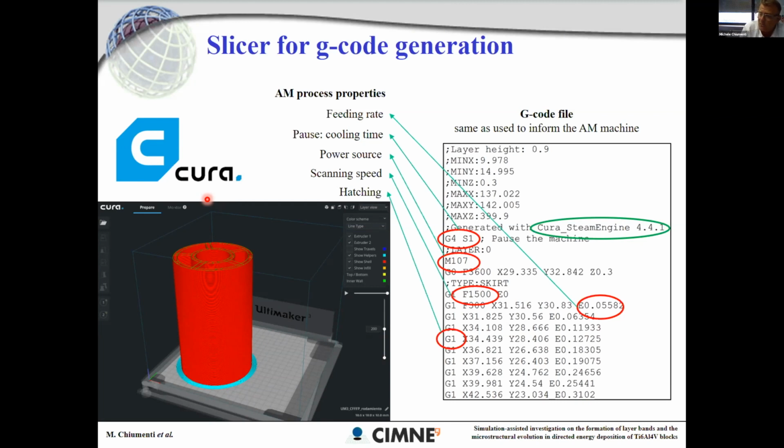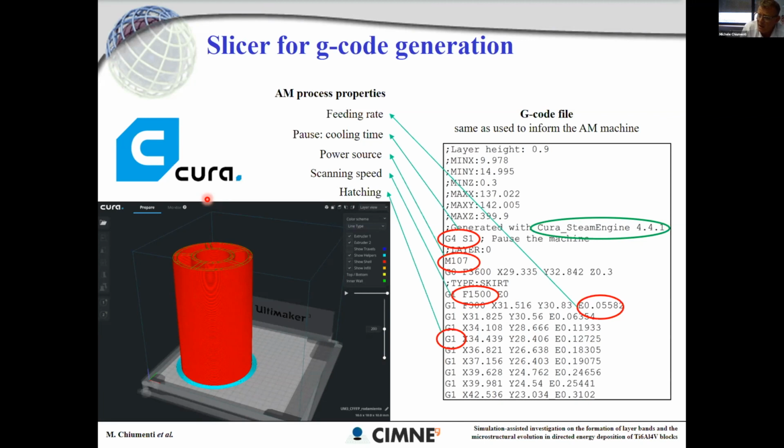There are other kinds of slicers, obviously, but what is interesting is that you have the possibility to get an output file in terms of a G-code, which includes not only the trajectory, but typically also the feeding rate, the cooling times when you are waiting for the cooling, the power source, the scanning speed, apart from the hatching.